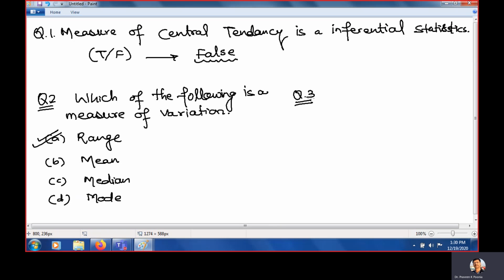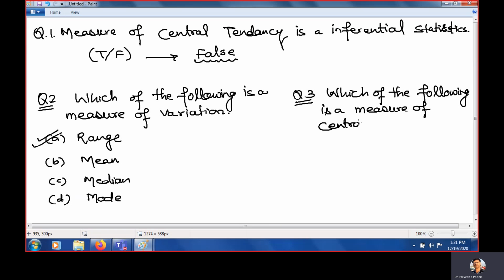And question number three, generally we ask: which of the following is a measure of central tendency?